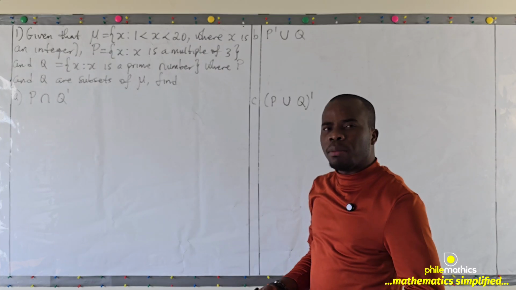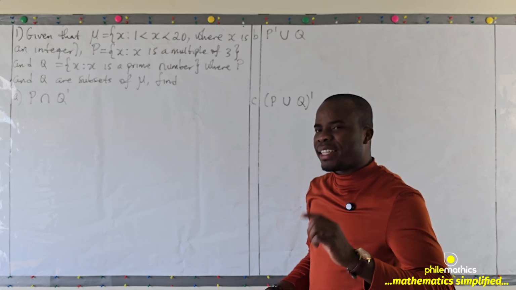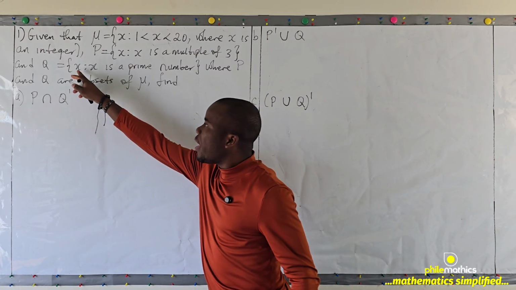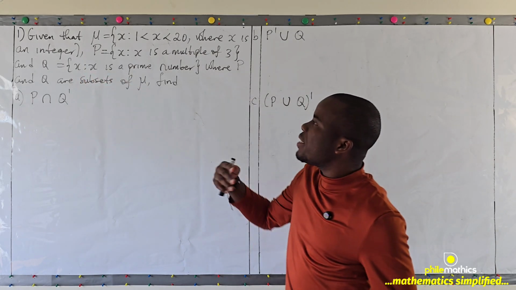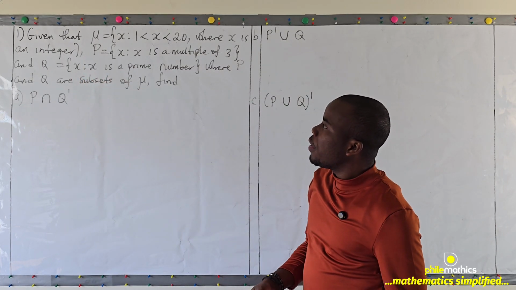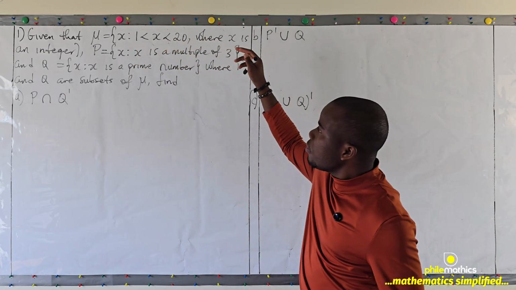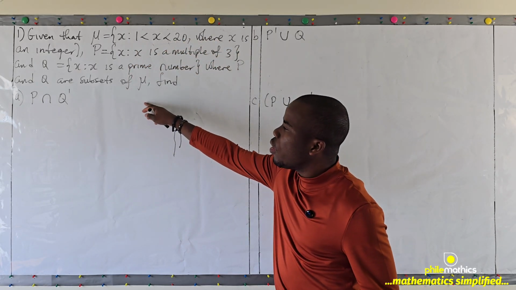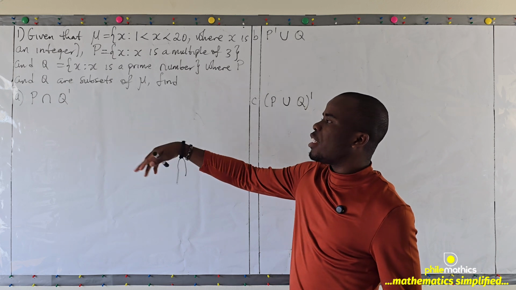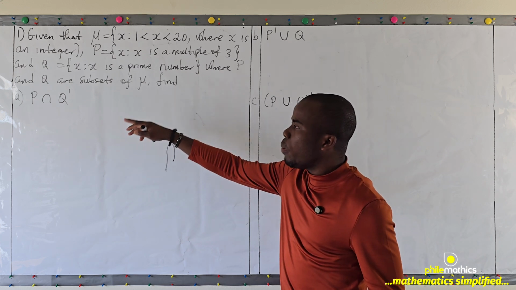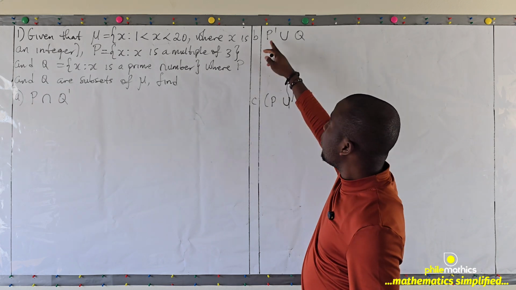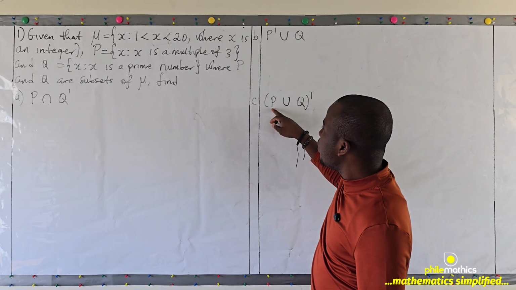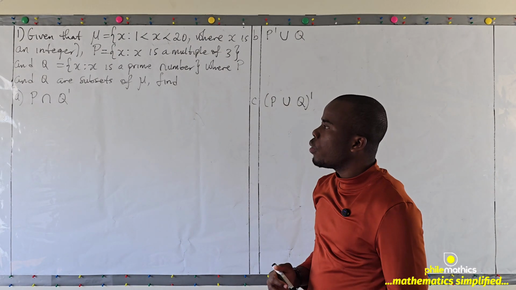A multiple of 3 means those numbers 3 can divide. And q are those set of x such that x is a prime number in this set, where p and q are subsets of mu. Find p intersection q prime, p prime union q, and p union q prime.